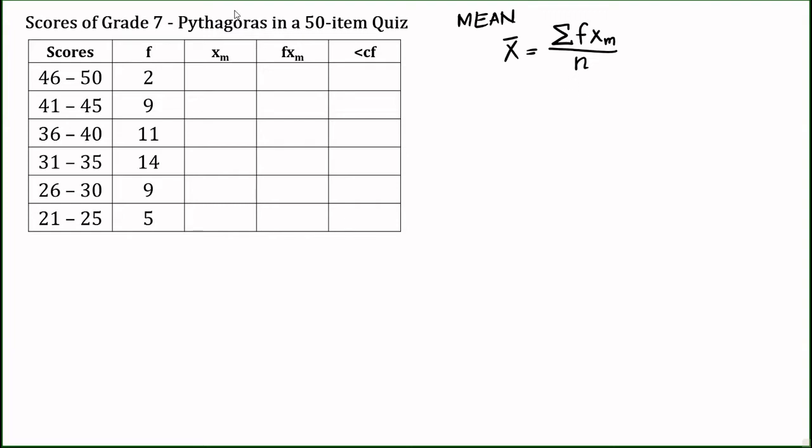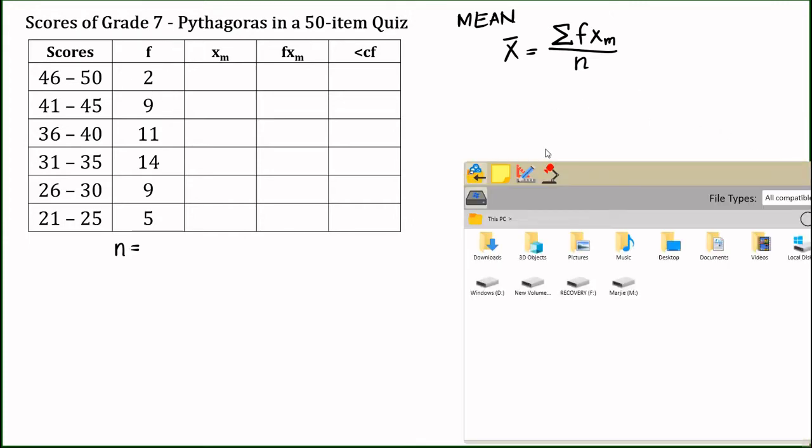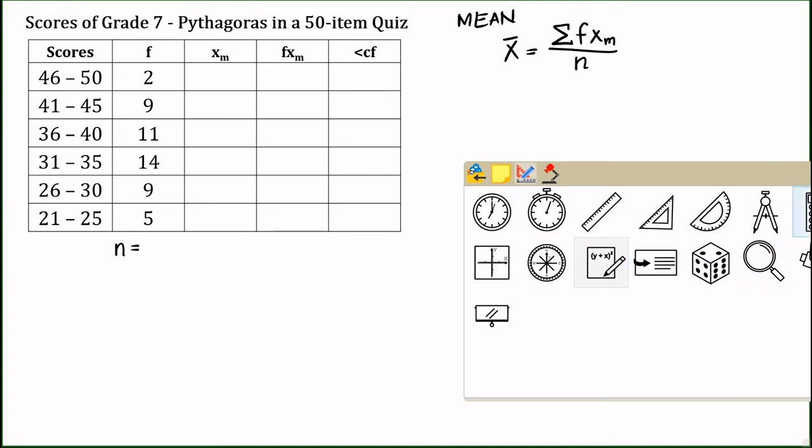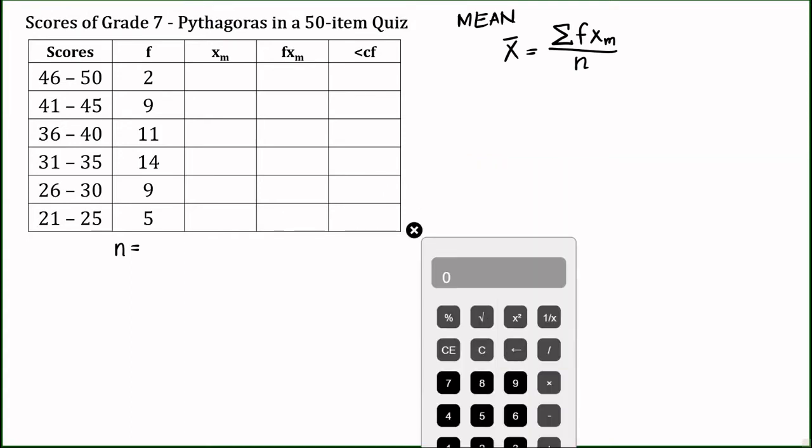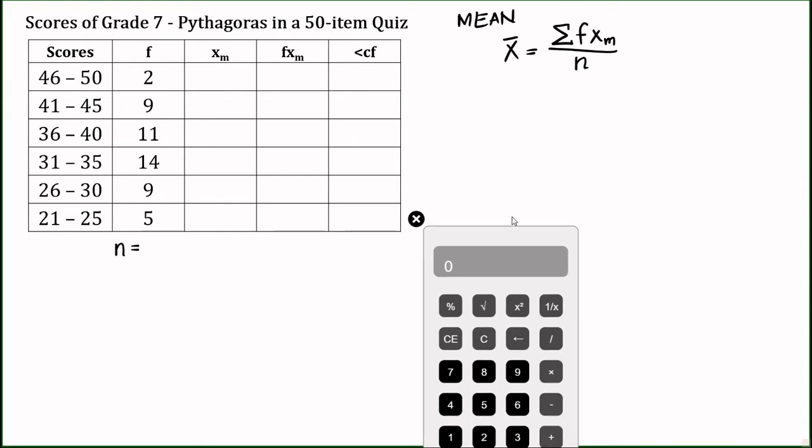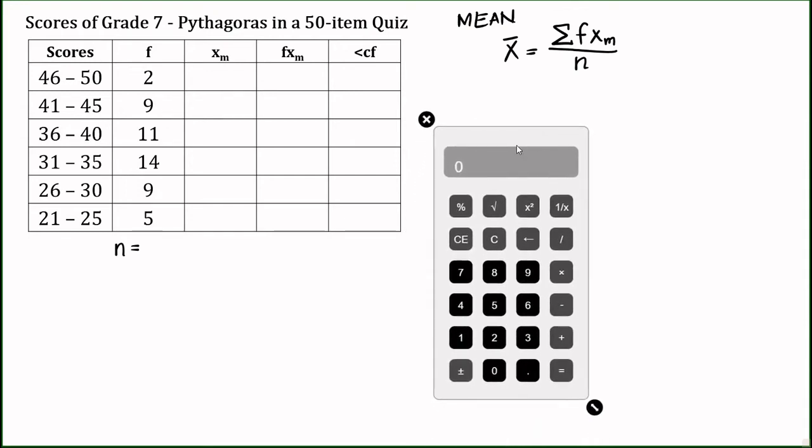So, hanapin po muna natin kung anong value ng total frequency natin. So, dito po tayo titingin sa column ng f. So, what we are going to do is simply to add the values. So, i-add po natin. Okay, so sa activity na ito, pwede po kayong gumamit ng calculator.